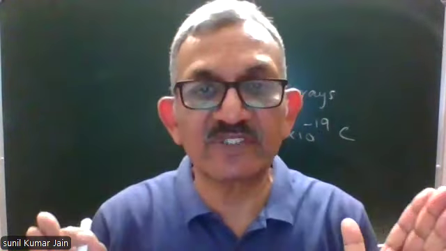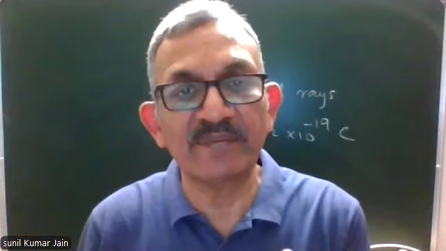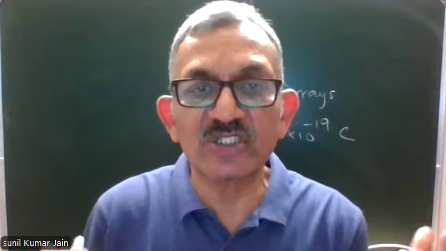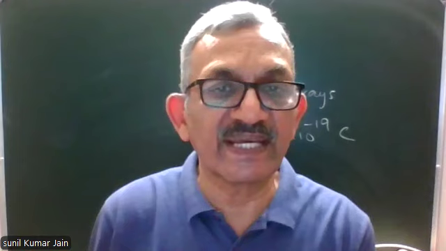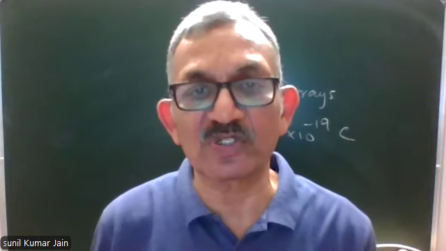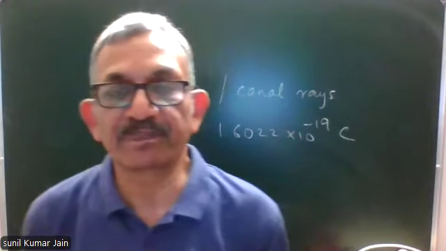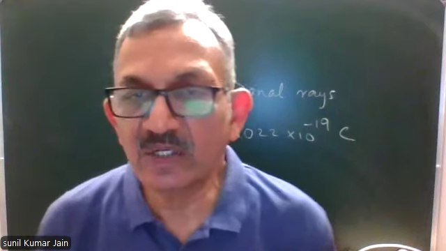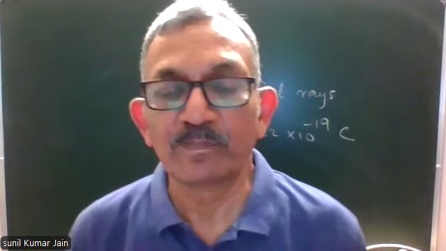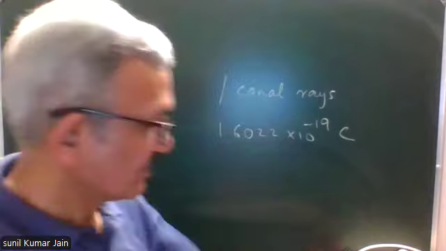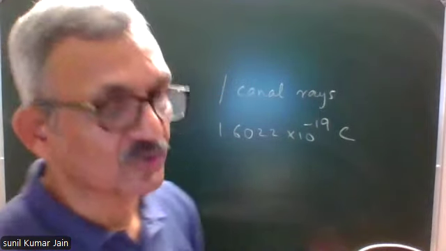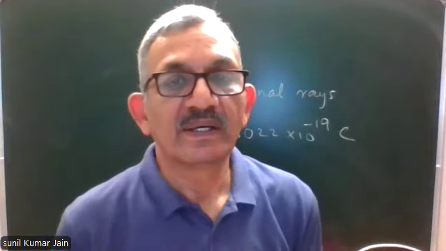It means the quantity of charge on an electron and a proton is the same. The only thing is the nature of charge is different. Electron carries negative, proton carries positive charge. Quantity is the same. They are called protons.